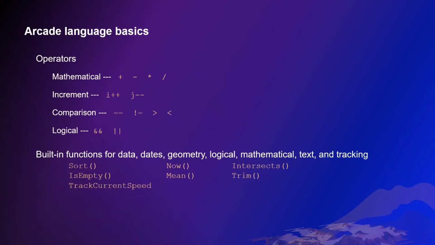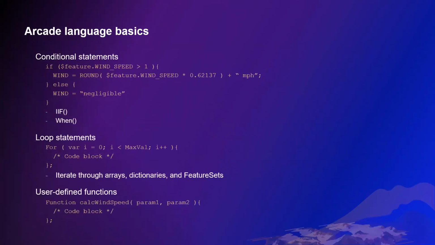This is just a subset of what I chose to show off here. And then there are also conditional statements, for loops, if-else statements, and your user-defined functions. So you can always build these out for more complex scenarios and see how these might play out in your own maps.